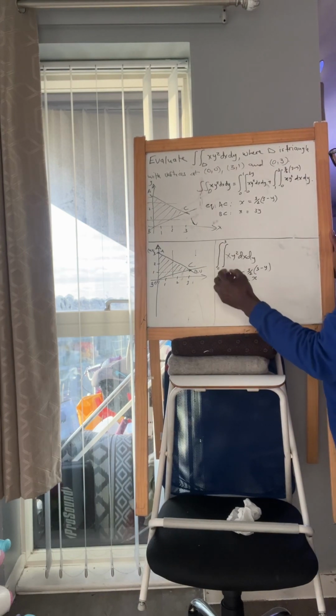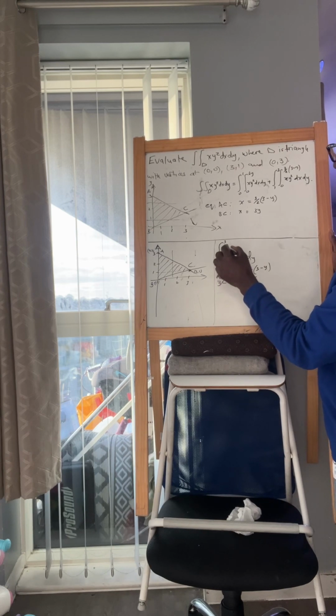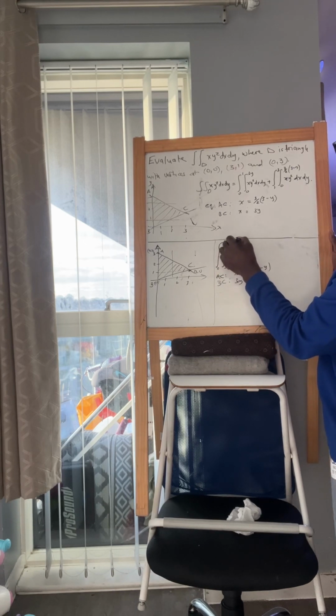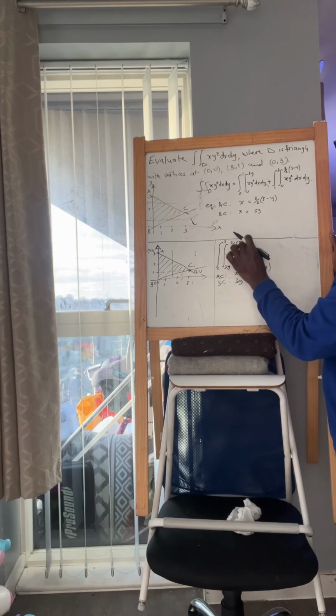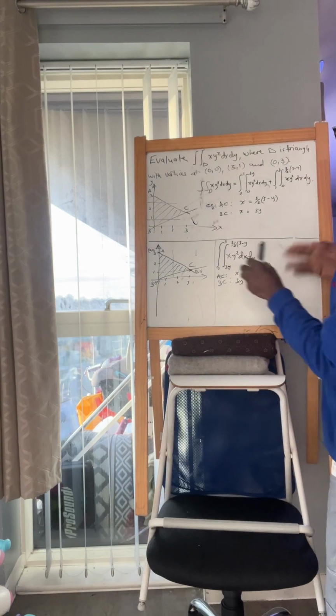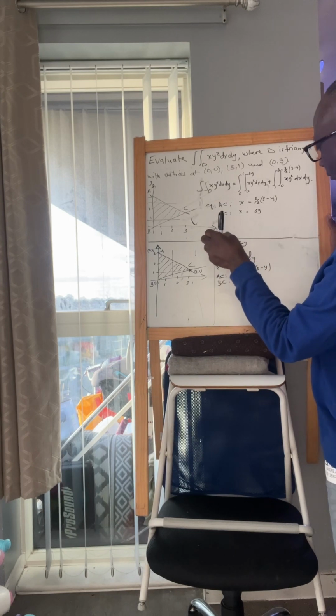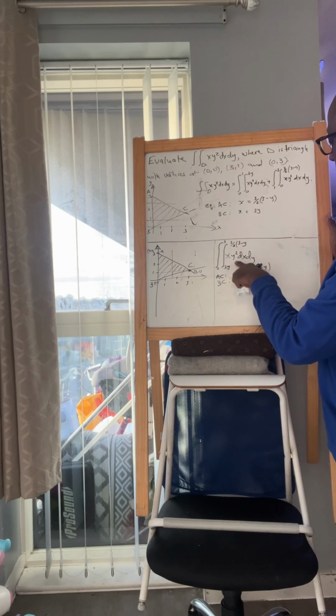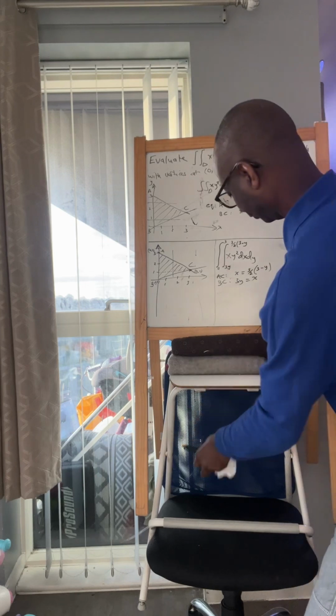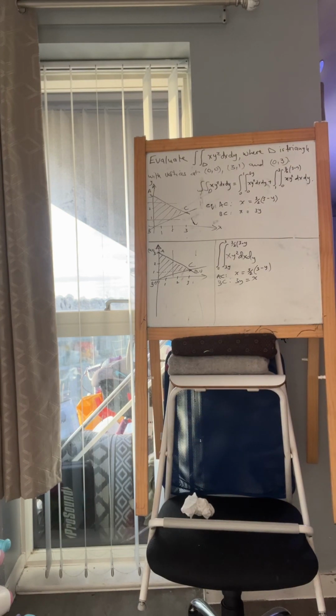So now you will have 3y here and 3 all over 2, 3 minus y. The y, the x.